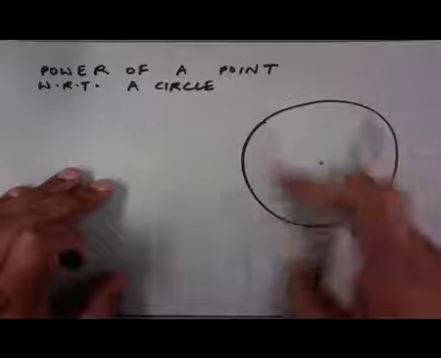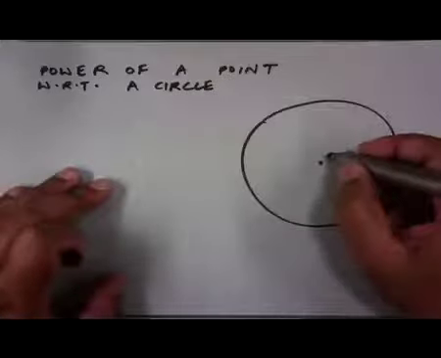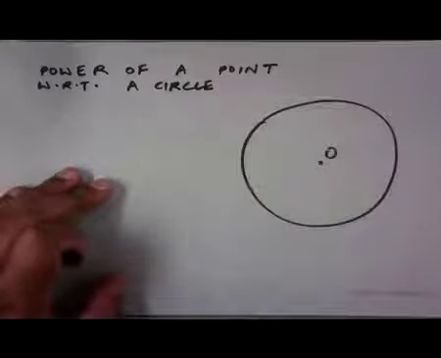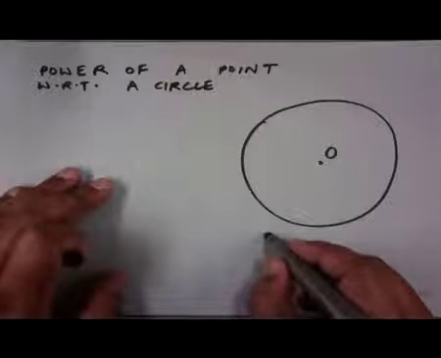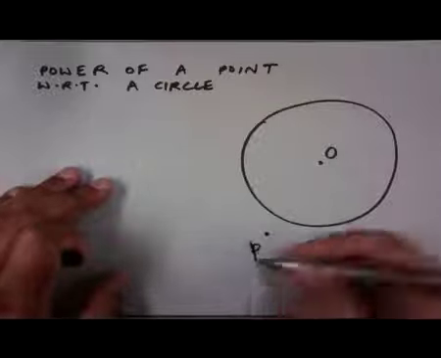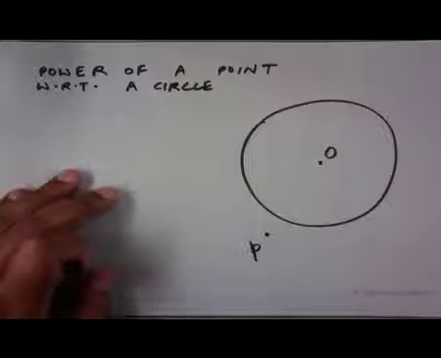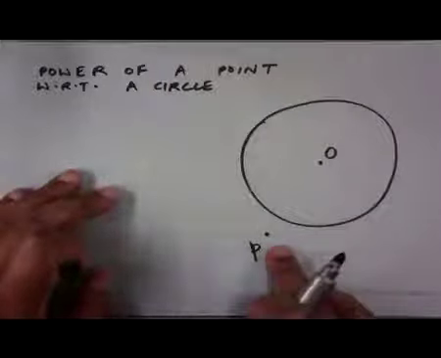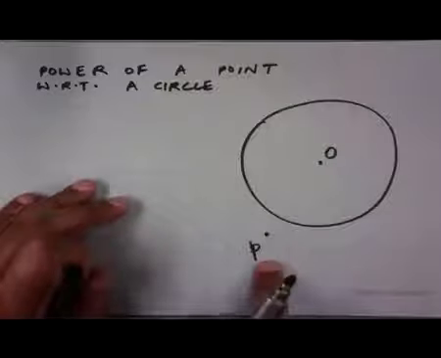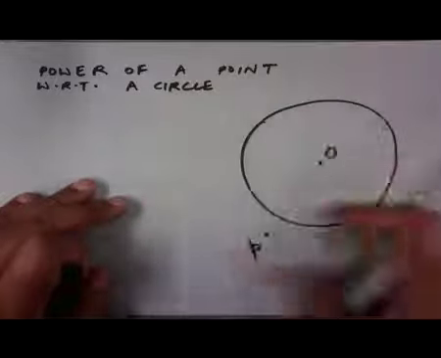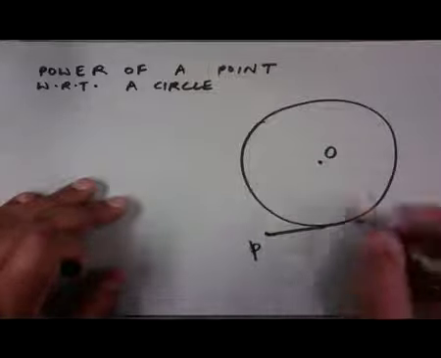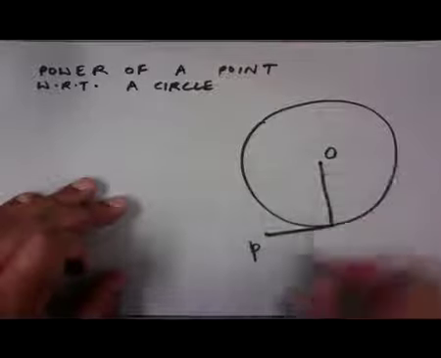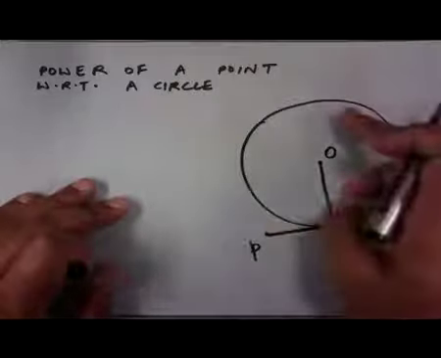So, let us consider this circle here, whose center is O, and suppose that we have a point P here, and we define the power of this point P with respect to this circle as the squared length of the tangent from this point to this circle.